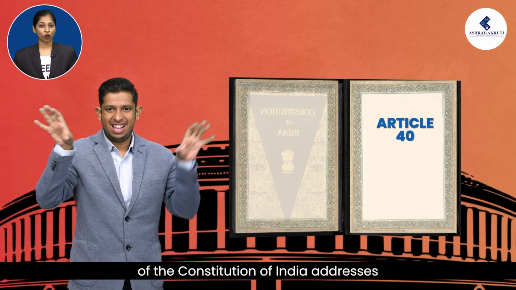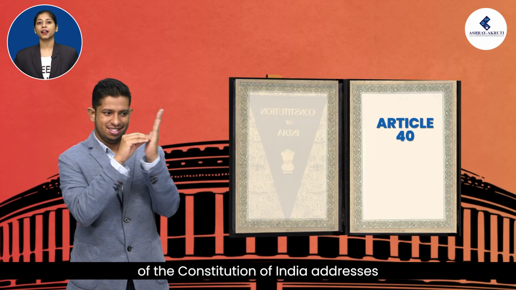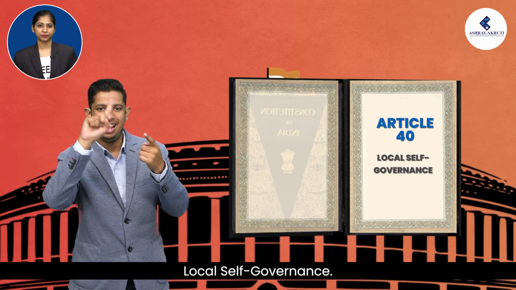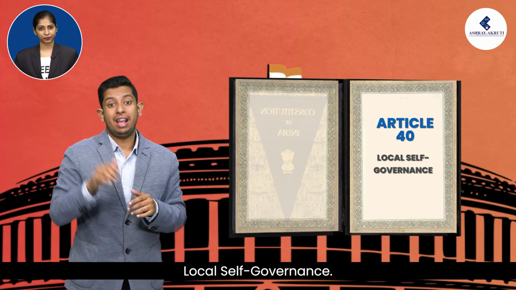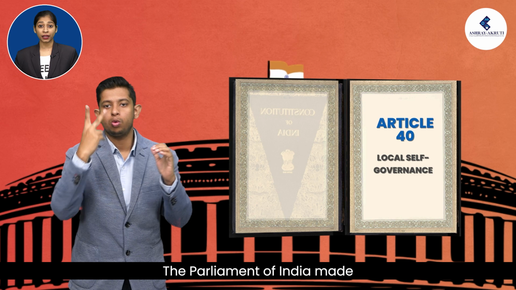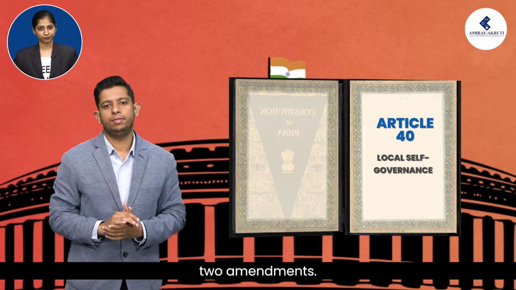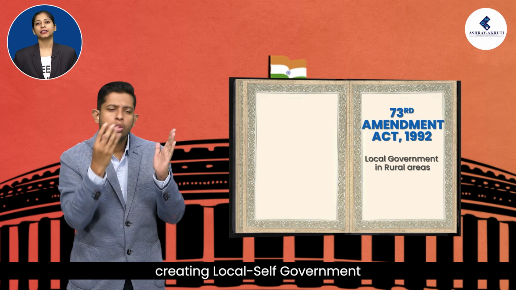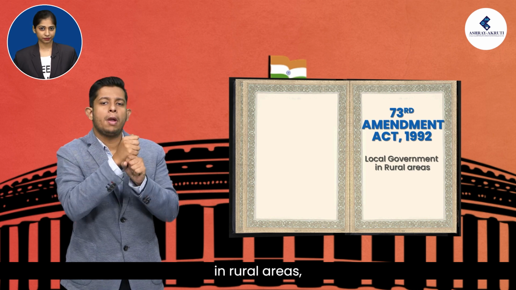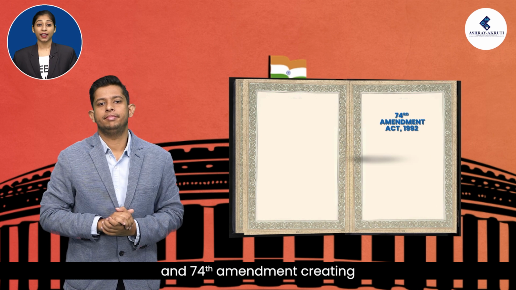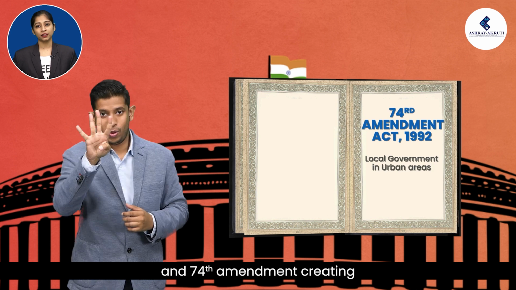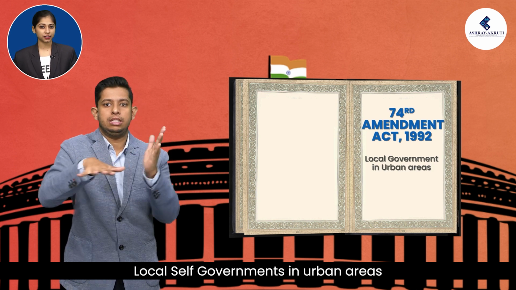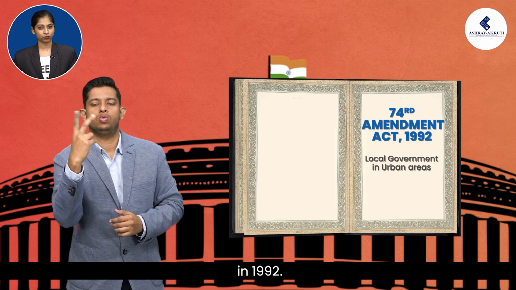Article 40 of the Constitution of India addresses local self-governance. The Parliament of India made 2 amendments: the 73rd Amendment creating local self-government in rural areas and the 74th Amendment creating local self-governments in urban areas in 1992.